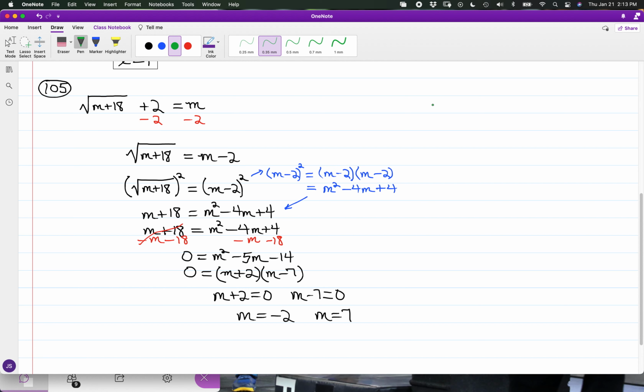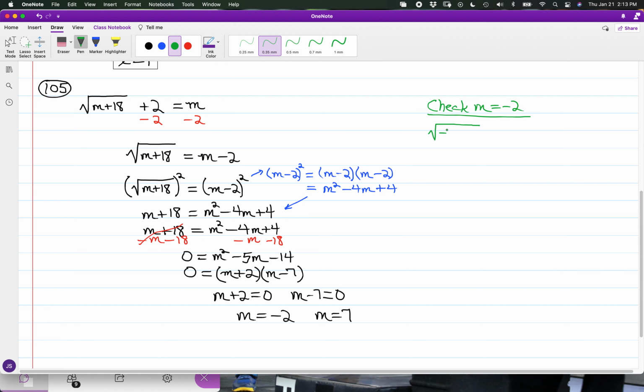Okay, and so if I check these values, see we have for m equal to negative 2. Now when checking, you don't have to write everything out, but just to kind of show you, again, we had the square root of m plus 18 plus 2 is equal to m.